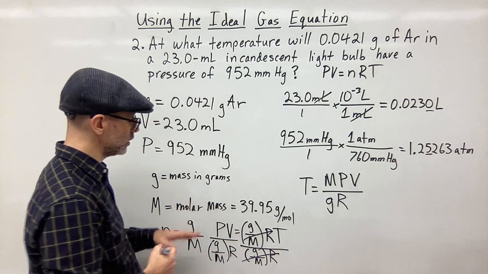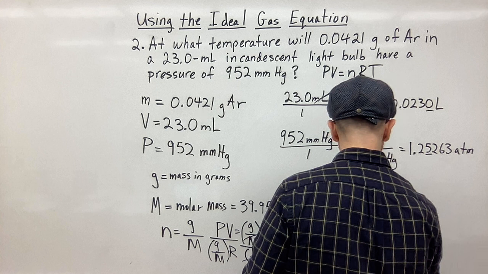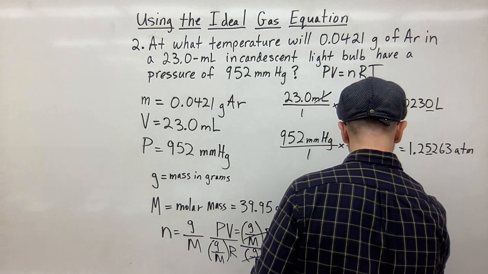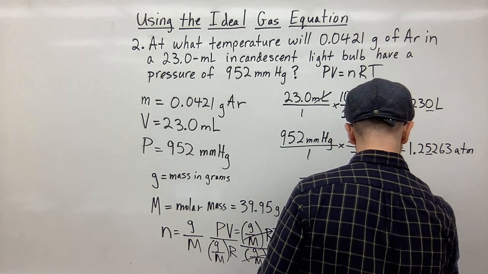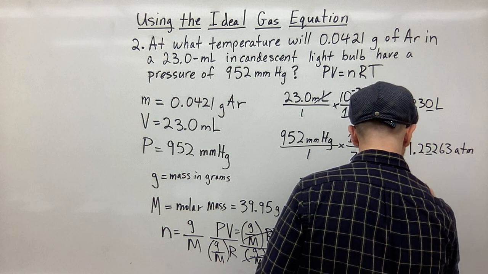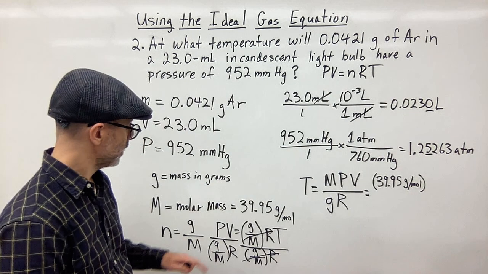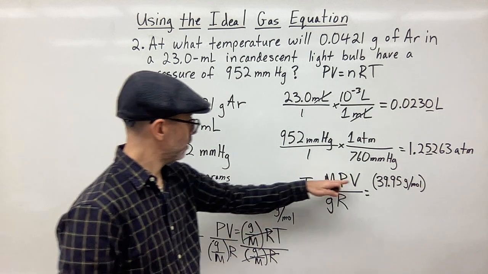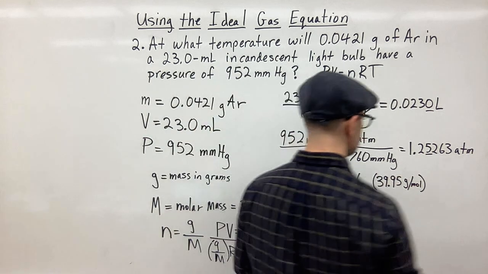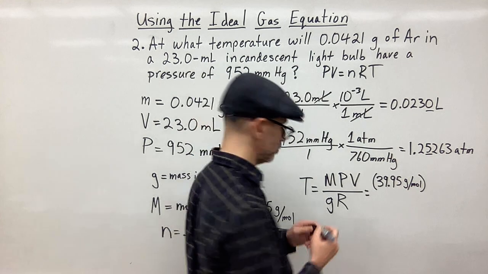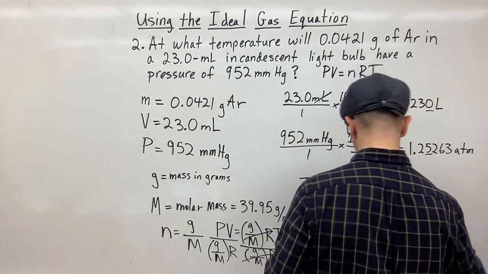Now all I need to do is plug in the information here and here. So the molar mass we said is 39.95 grams per mole, multiplied by the pressure, which is in atmospheres. Let me bring this down so I have space.